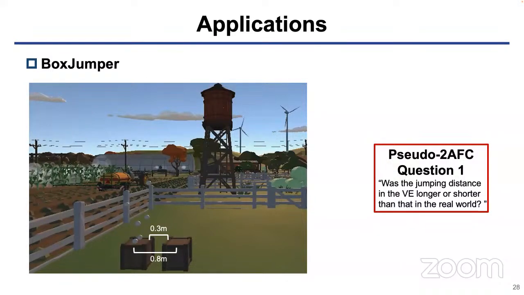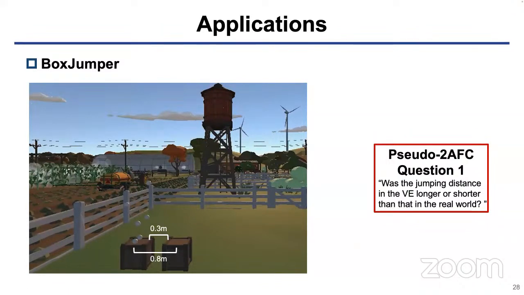First, we let the user play the box jumper game. We place some boxes in the virtual environment and let the user jump over the box. We ask the user whether the jumping distance in the virtual environment is longer or shorter than that in the real world.